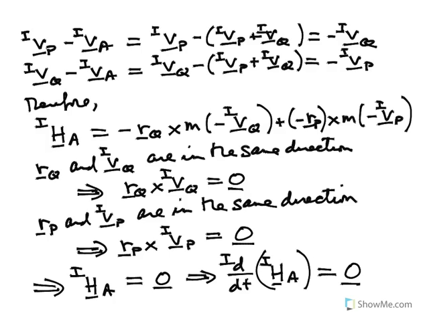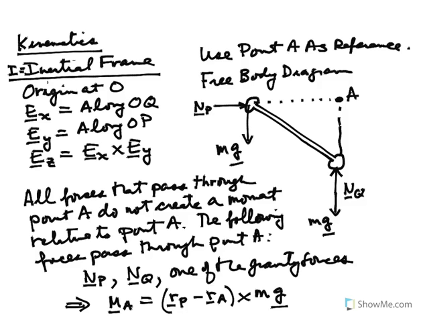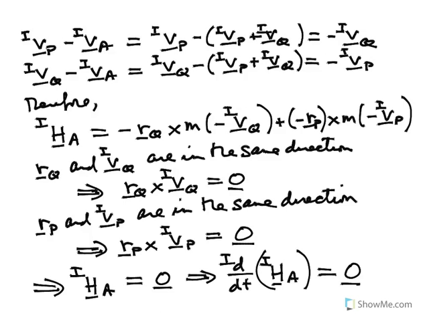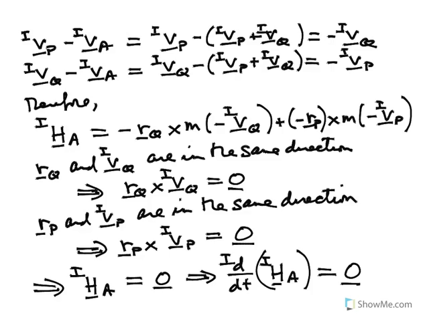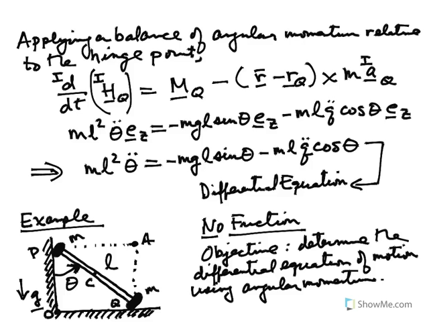So now we can actually start to work with coordinates a little bit. Remember that the moment is equal to RP minus RA crossed with mg. So the moment relative to point A is equal to RP minus RA crossed with mg. But we know RP, let's go back to the diagram, and we can see from the beginning what RP is.